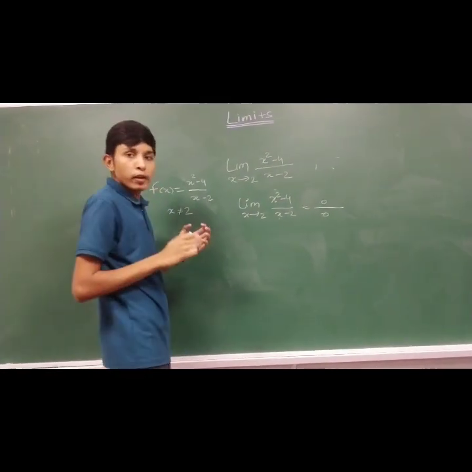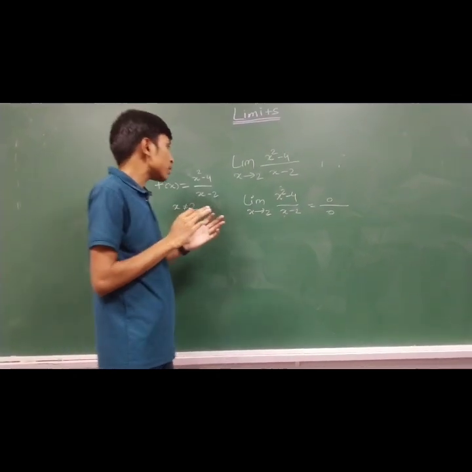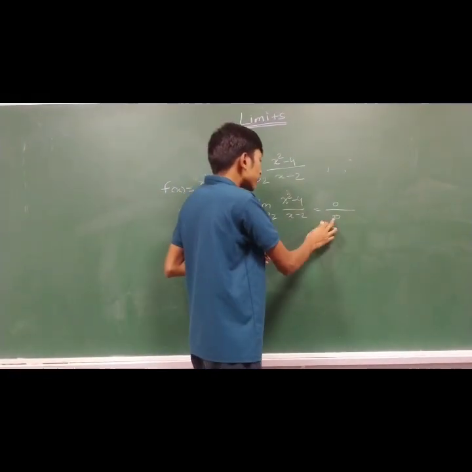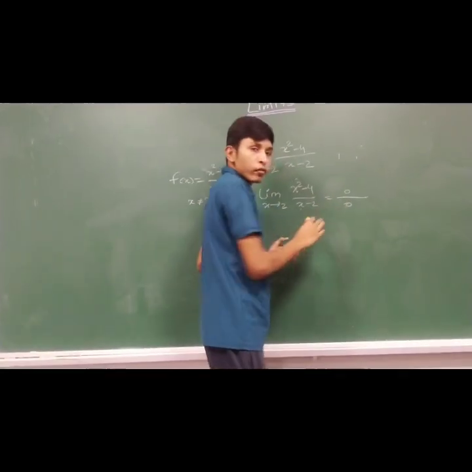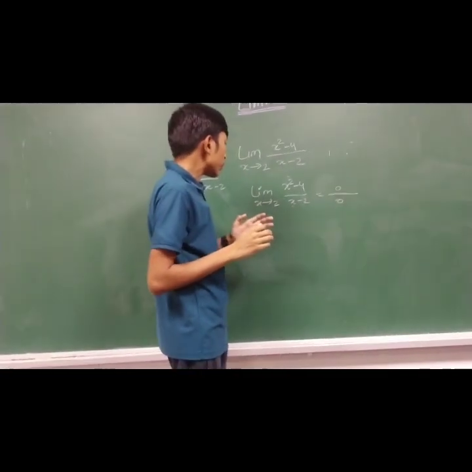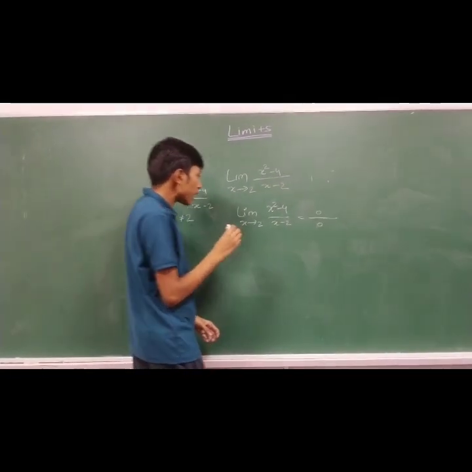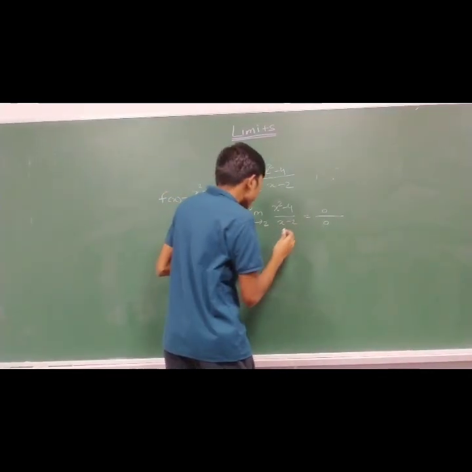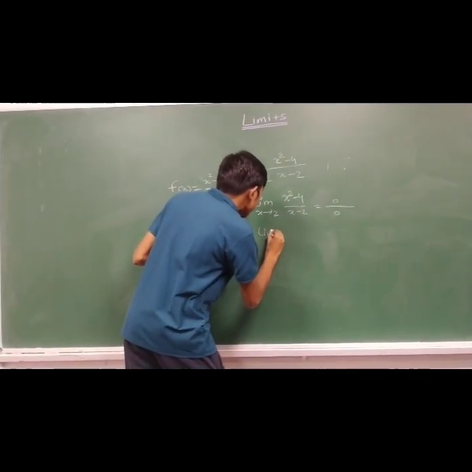So we have to do some manipulation so that we do not get this type of indeterminate form. So let us manipulate this function. You can also write this function like that.